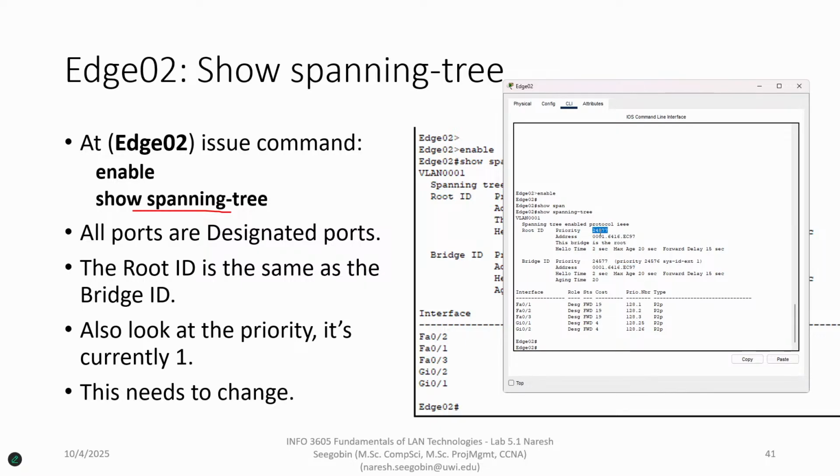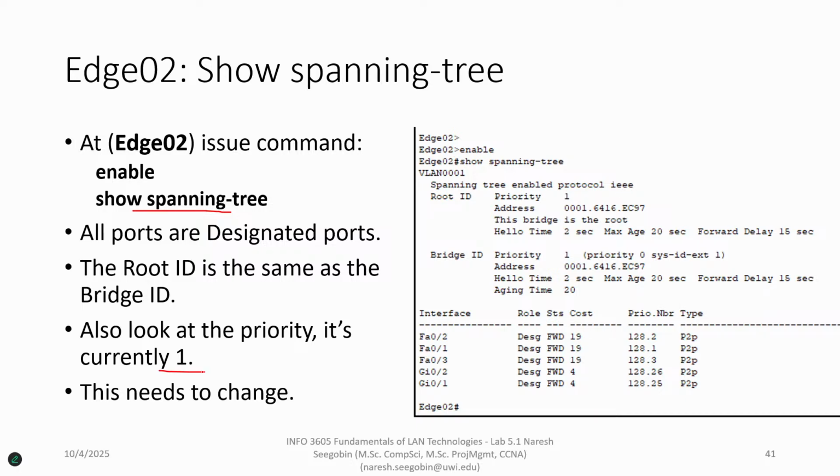But either way, 24000 is less than the default. It's the same as the bridge ID. Also look at the priority, currently 1. Priorities. Right, it's not 1. This needs to change.